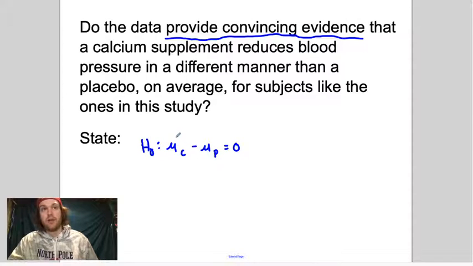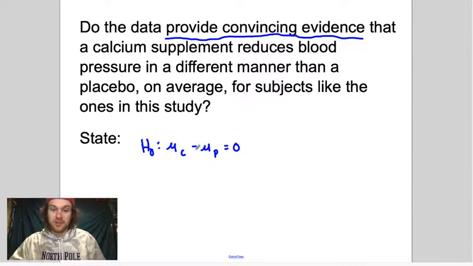Basically, the mean reduction for people like these that are going to take calcium and the mean reduction for people like these that take placebo are going to be the same. Calcium doesn't have an effect is essentially what the null hypothesis is stating here.